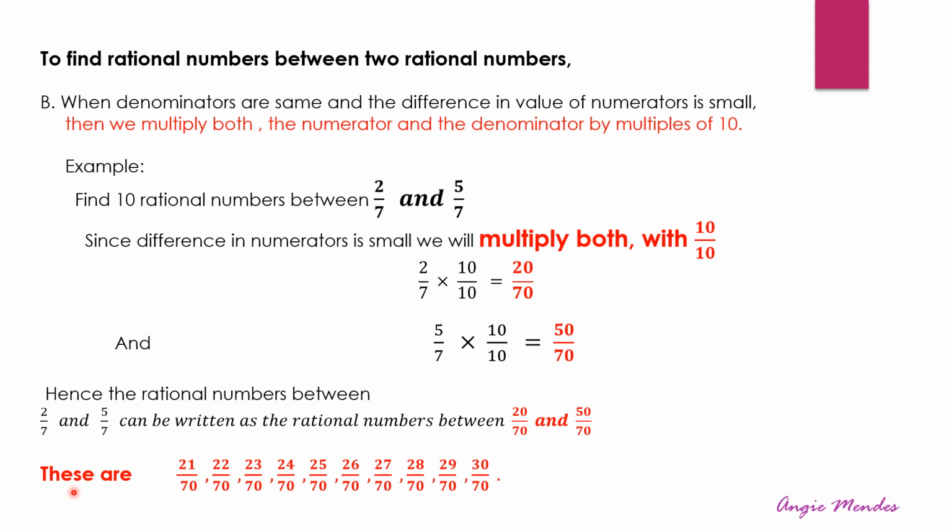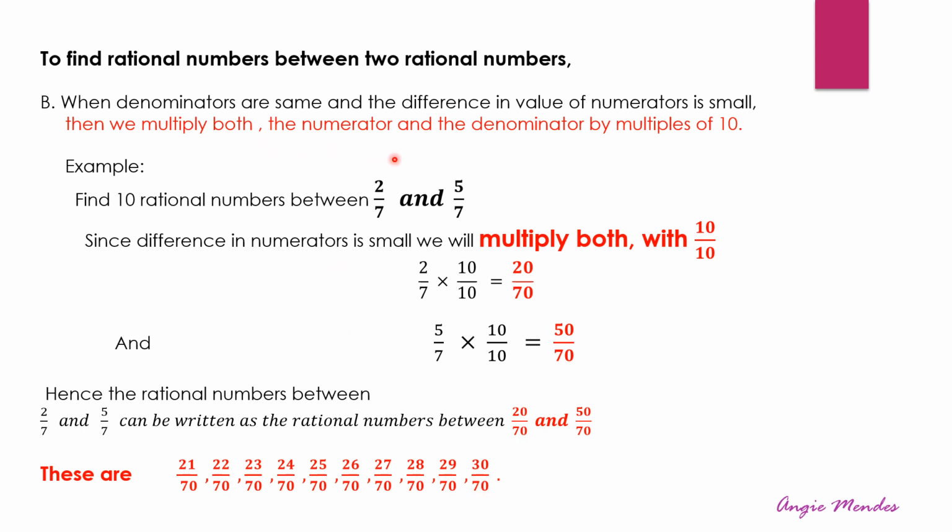So now we get 10 rational numbers between the given rational numbers, which can be written as 21 upon 70, 22 upon 70, 23 upon 70, 24 upon 70, 25 upon 70, 26 upon 70, 27 upon 70, 28 upon 70, 29 upon 70 and 30 upon 70.